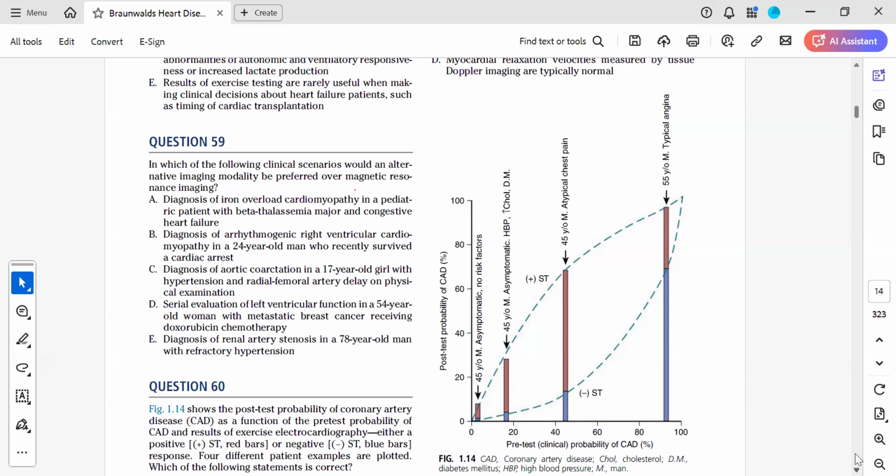Sorry, I'm just trying to open it so that while talking, I can be looking at the graph. I want to open it from my own end here.